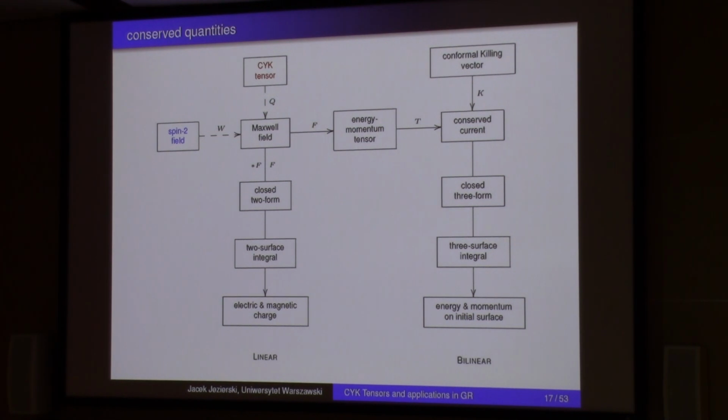And then you can play the game two different ways. You take two surface integrals, so you treat these closed two-forms in a proper way, and you have this electric and magnetic charge analog. Or you try to produce an energy-momentum tensor, and then you have some conserved current on a codimension-1 hypersurface.